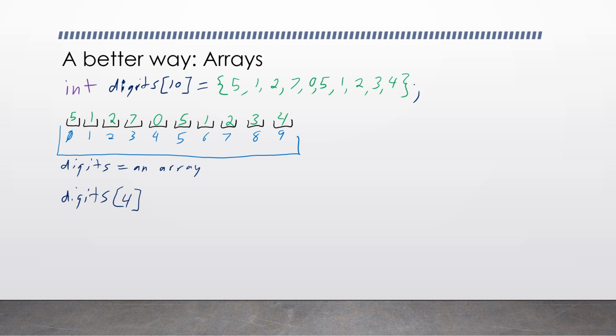If we want to set the fifth digit to be equal to 2 instead of 0, which it currently is, we do that, and then the computer goes to spot 4 and puts a 2 there.